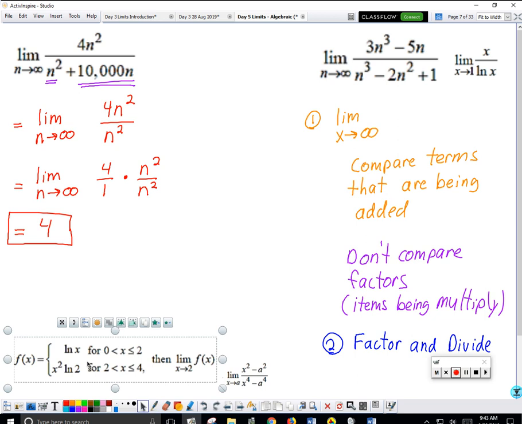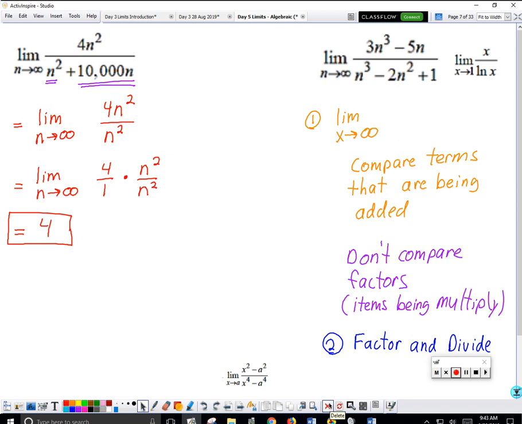So what we said was, if you could pick up a calculator and type in, say, 1,000,000, the calculator would give you a result that would be very close to 4. But you're not allowed to use your calculator. They expect you to use some of these kind of logical reasoning skills instead.